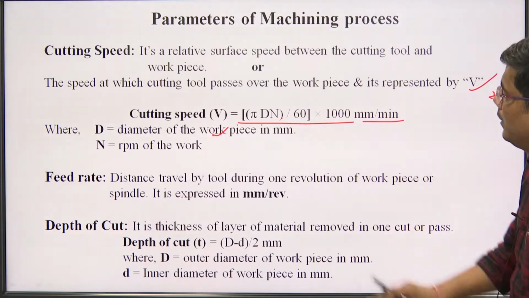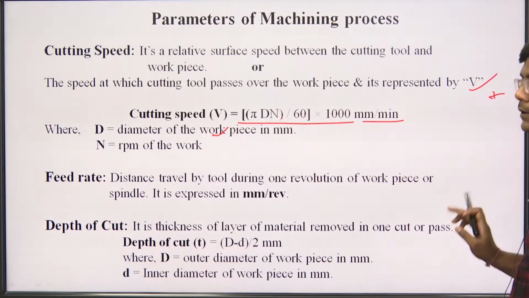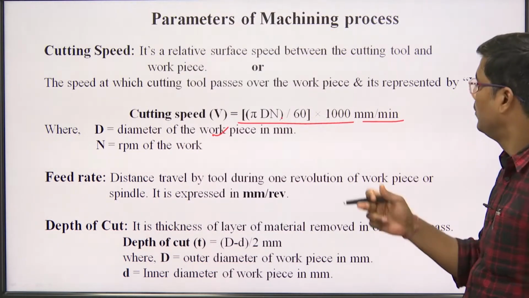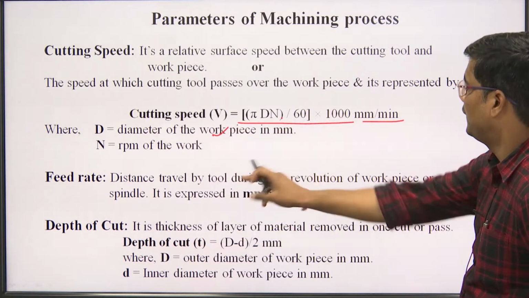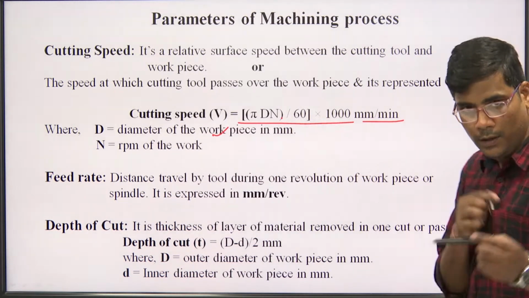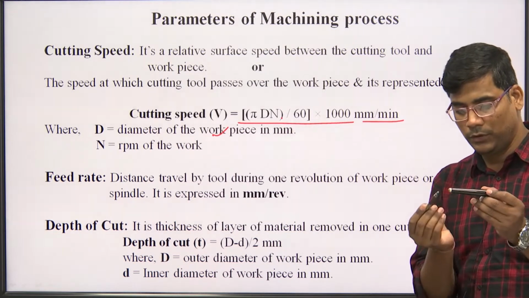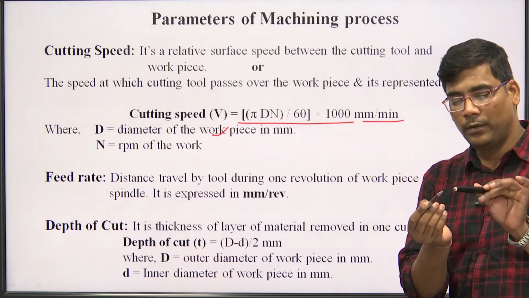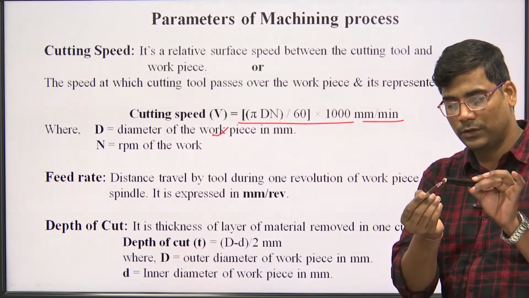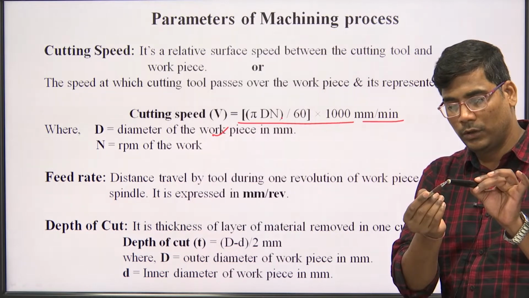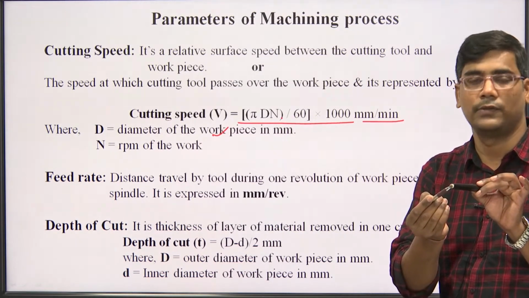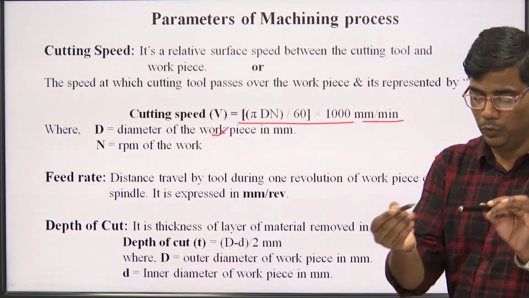Feed rate is basically defined as the movement of the tool in one rotation of the workpiece, or the distance traveled by the tool during one revolution of the workpiece. For example, this is a workpiece and this is your tool. The workpiece rotates at N RPM, and the tool moves in this direction. In one revolution, the tool moves a distance, say x. So feed is known as the magnitude x of the tool movement.